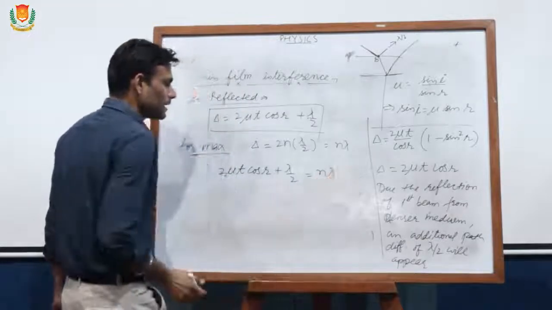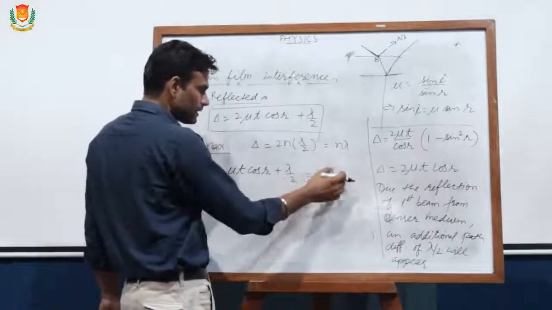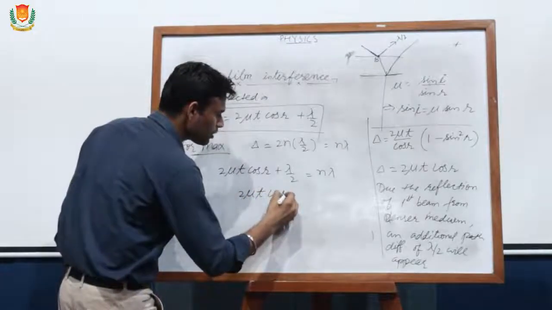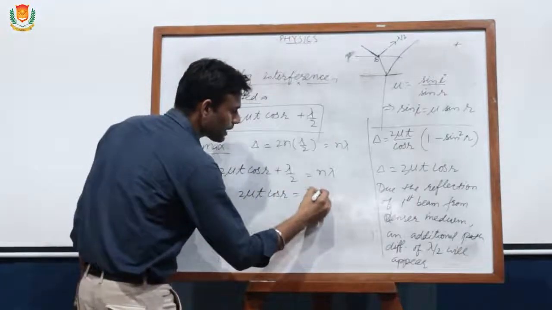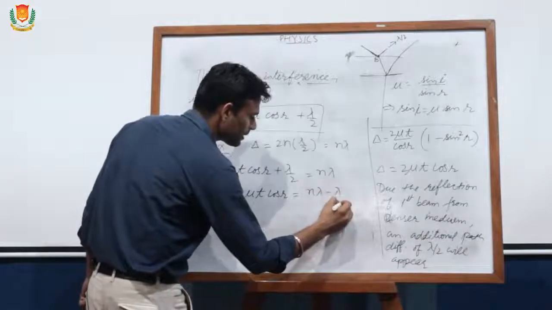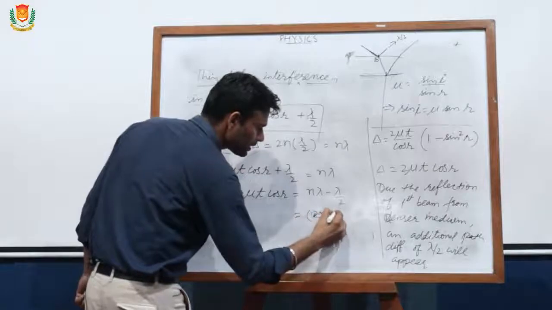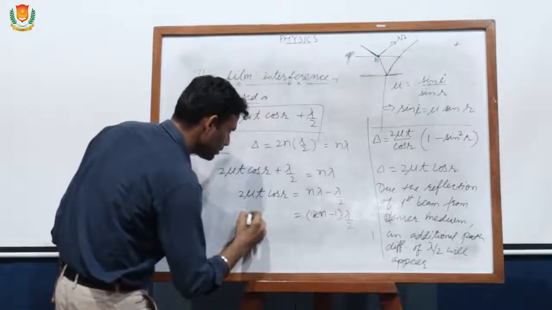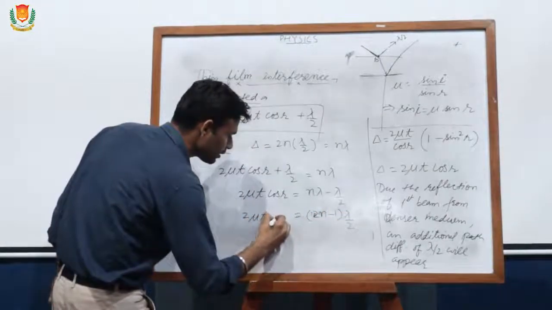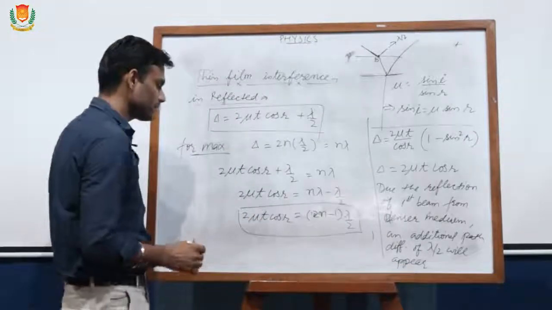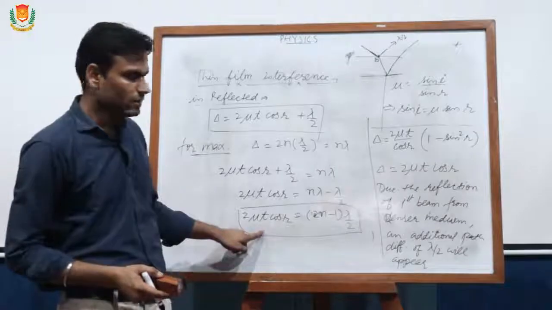When we move lambda by 2 from the left side to the right side, we get 2 mu t cos r equal to n lambda minus lambda by 2, or (2n minus 1) lambda by 2. This is the condition for maxima in thin film interference in the reflected system.